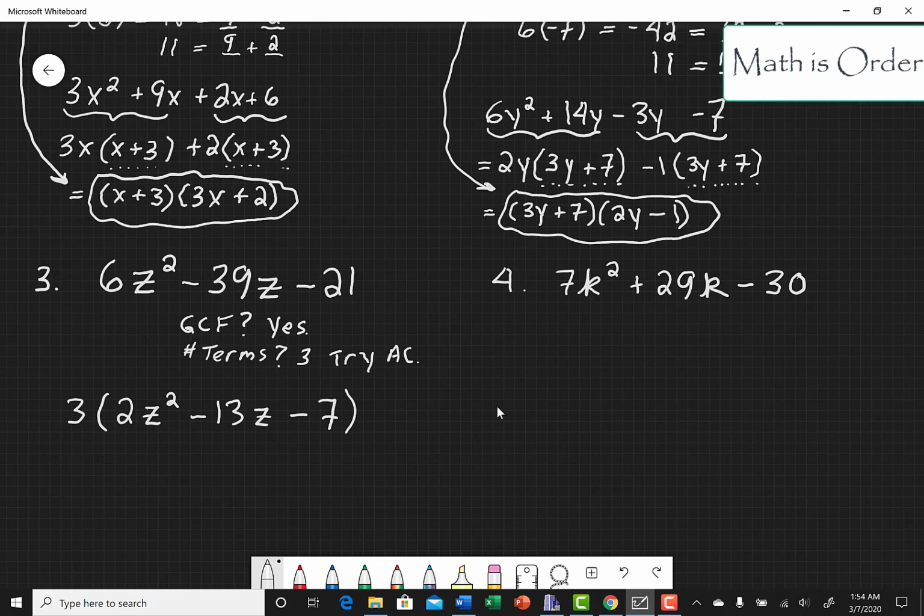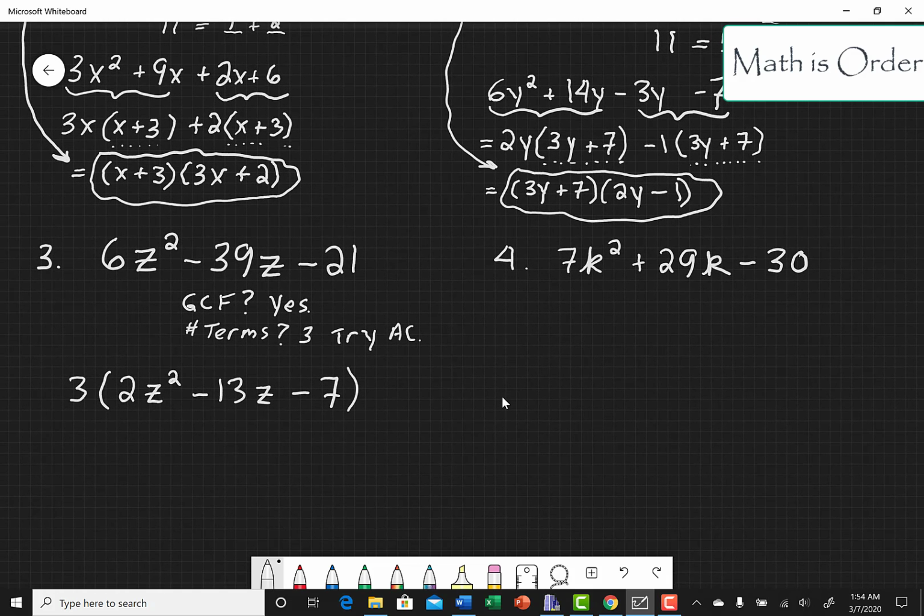All right, and next, after we've taken out that GCF, we want to try to factor this off to the side somewhere. So let's go ahead and factor this. We're applying the AC method here. So that's 2 times negative 7, which is negative 14.